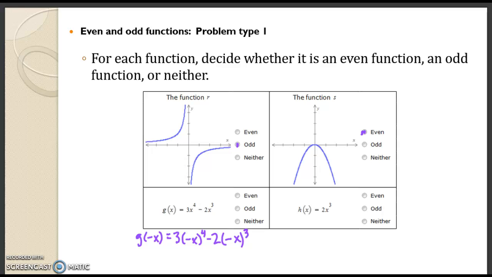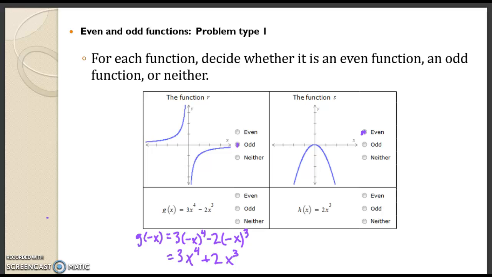Now a negative raised to the 4th power becomes positive, so this stays the same. However, a negative raised to an odd power, or to 3, changes the sign. So this becomes plus 2x cubed instead of minus.